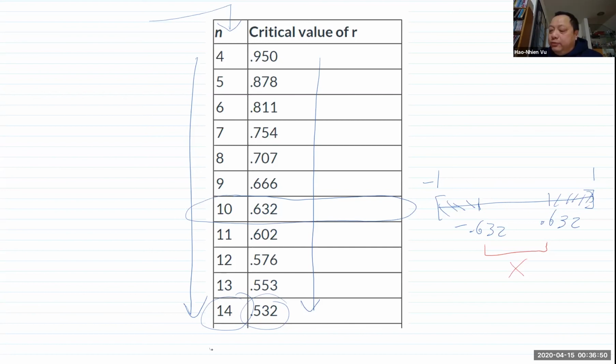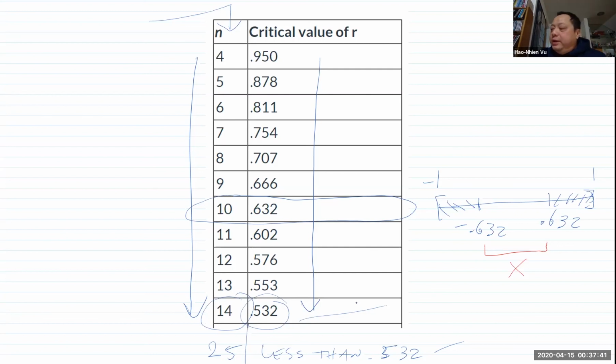For example, if your sample size is 25, but the table only goes to 14, you know that this critical value over here will be less than 0.532. If your R turns out to be, let's say, 0.61, then 0.61 is more than 0.532, and your critical value with n equals 25 will be less than 0.532. So you also know that you have linear correlation. So sometimes you don't need the whole table. Now, of course, if it comes out less than 0.532, then you don't know there.